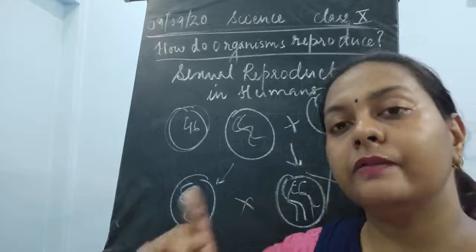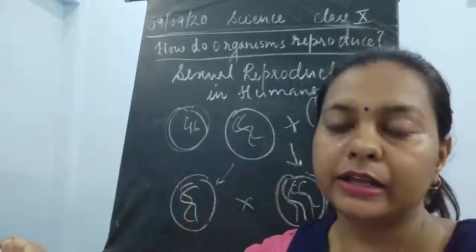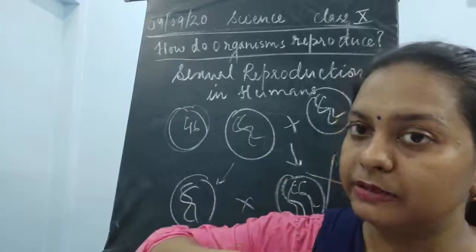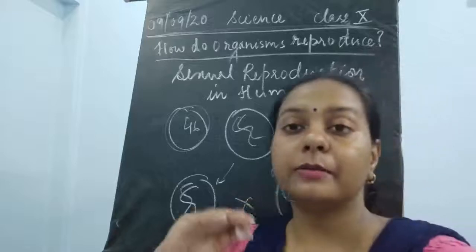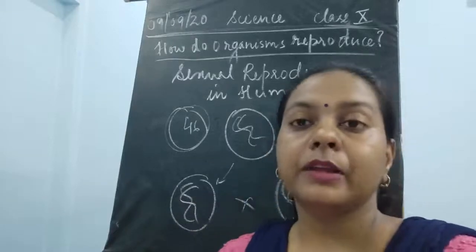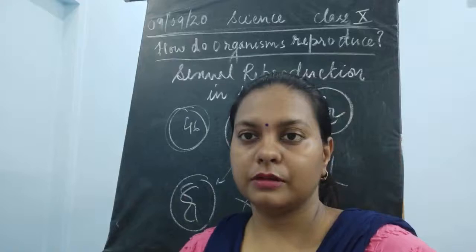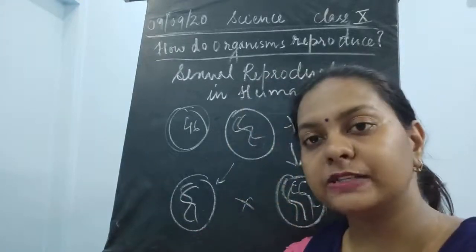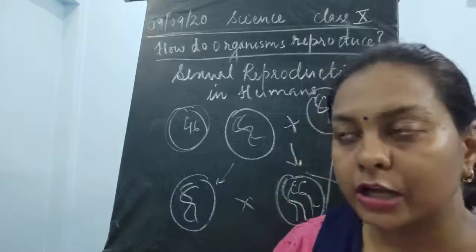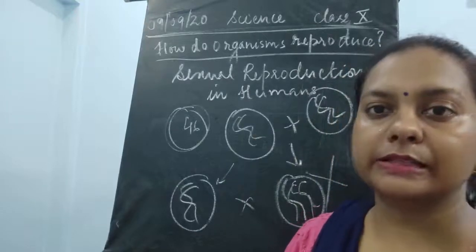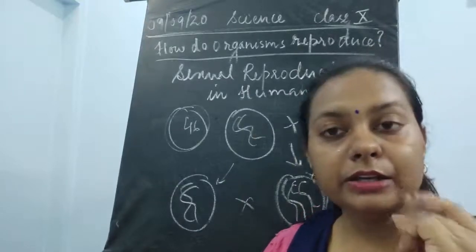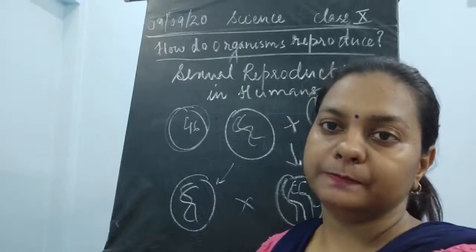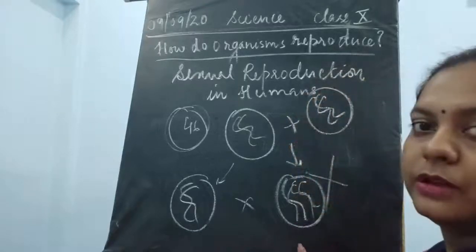We said that if we are increasing in multicellularity, the multicellular animal has different tissues. And tissues, you know, are specialized cells or groups of cells specialized in a function. So here the specialization increases. Each and every tissue has its particular work.